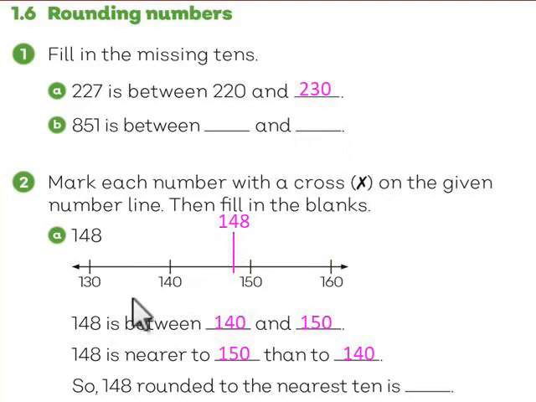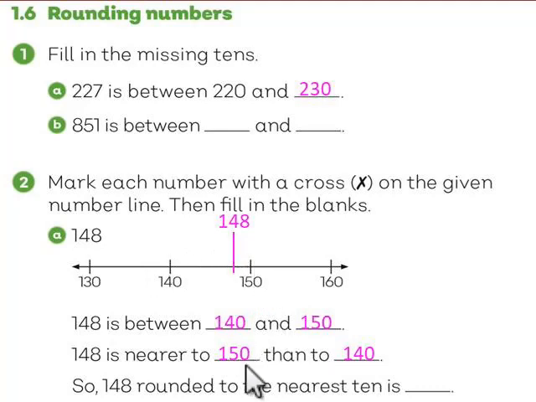Okay, number 2. Letter A, we have 148 here. We mark 148 on the number line: 130, 140, 150, 160. 148 is between 140 and 150. 148 is nearer to 150 than 140. 140 is far and 150 is near.